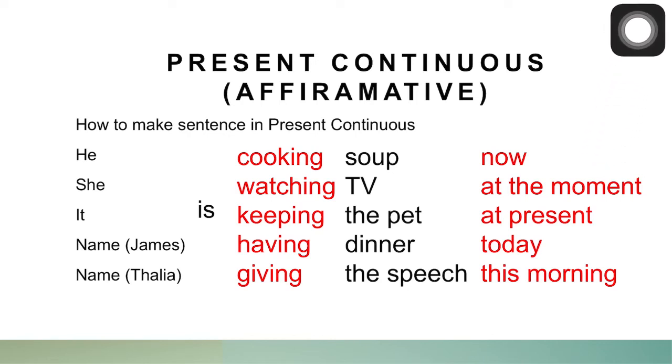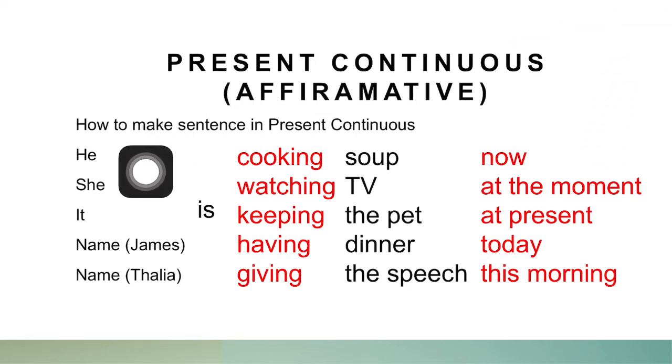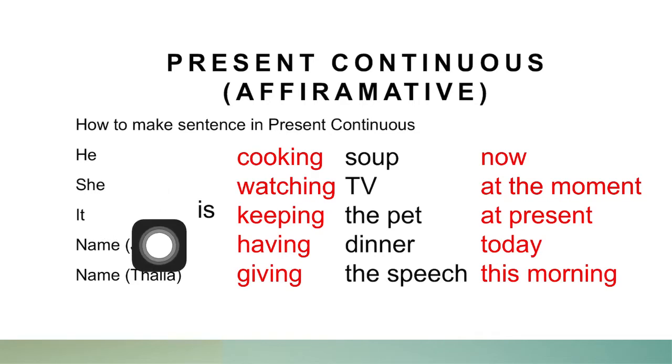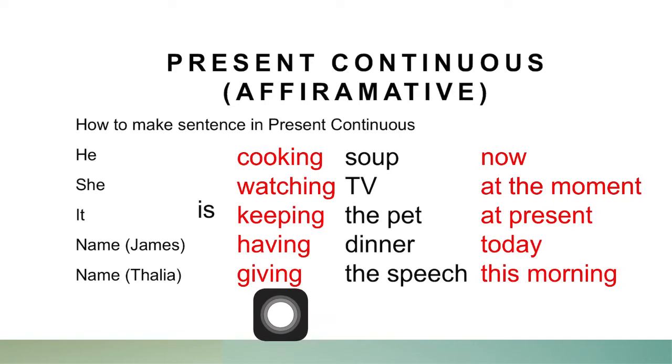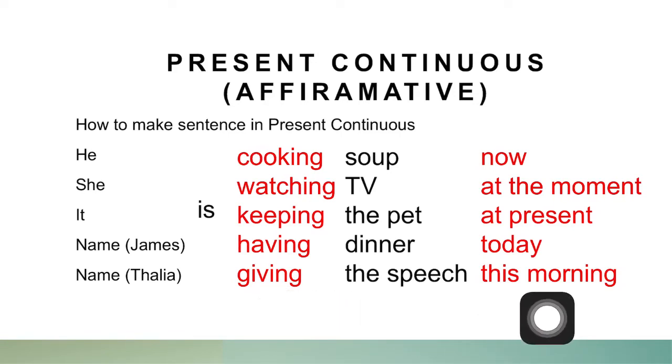We start with the subject: he, she, it, or a single name, for example James and Talia. The to be is is, and this one is the present participle. We use verb-ing, and this one is the object, and this one is the adverb of time.